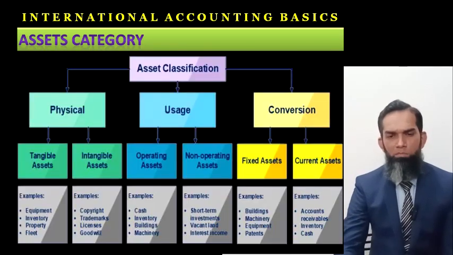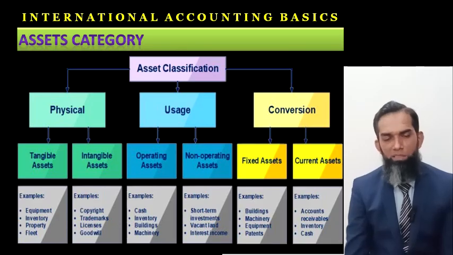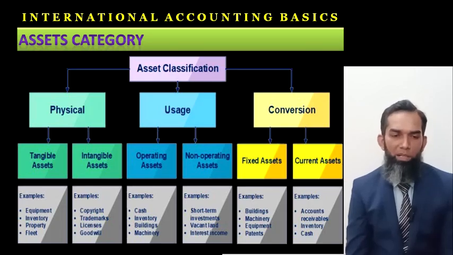Some people classify assets into further classifications, but it is not practically binding on the company to classify in all these segments. It can help the company if they maintain the data in this form, like classifying assets by physical form, usage form, and conversion form. For physical asset classification, there are tangible and intangible assets, as we just discussed.